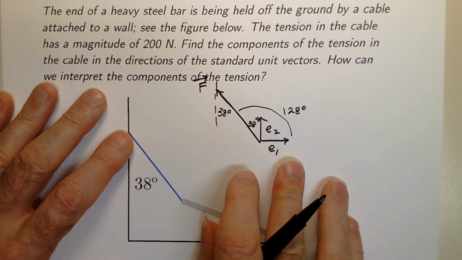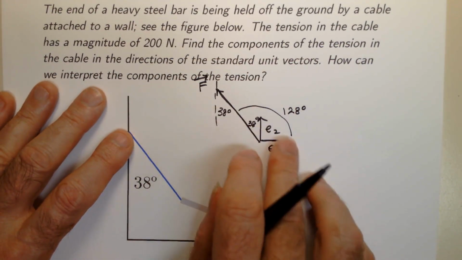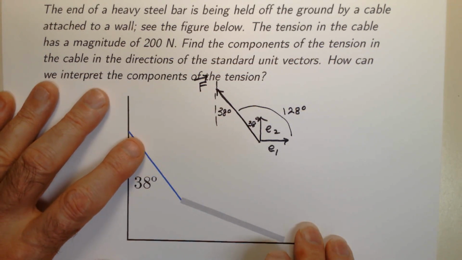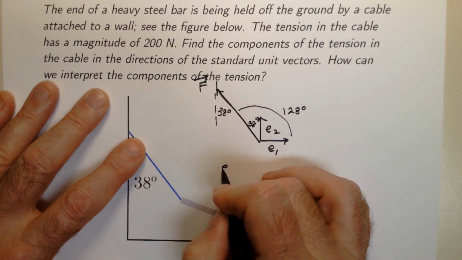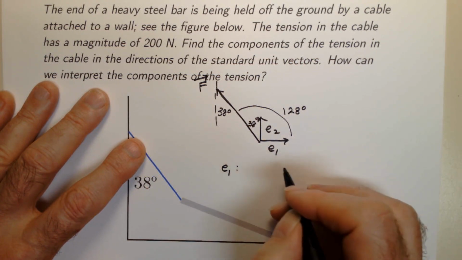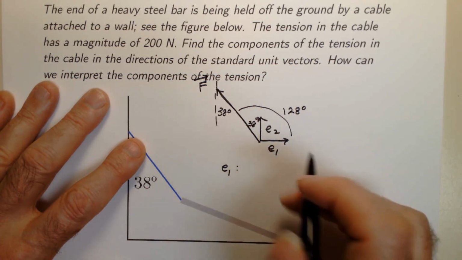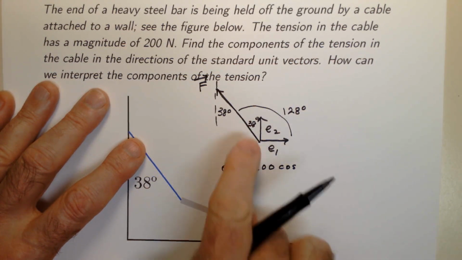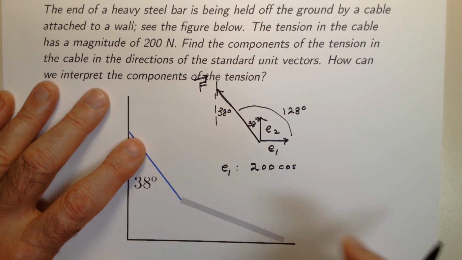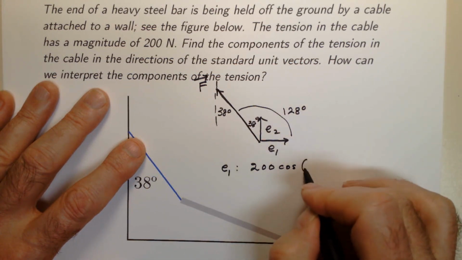So in order to find the components of this force vector in the E1 and E2 directions, I simply have to carry out the calculations that we've been doing. In the E1 direction, the component is going to be the magnitude of the force, 200 newtons, times the cosine of the angle between E1 and the force vector, which is 128 degrees.